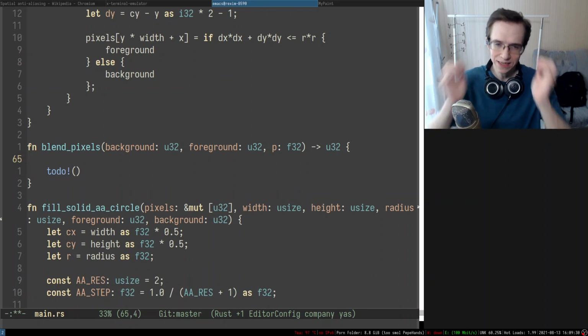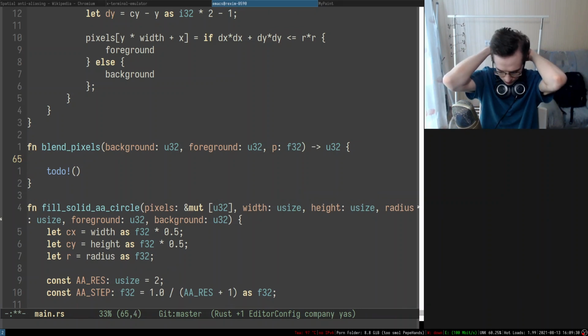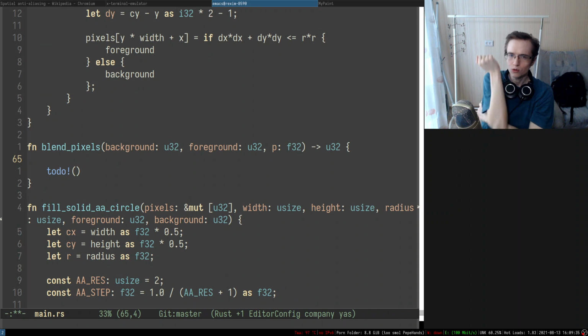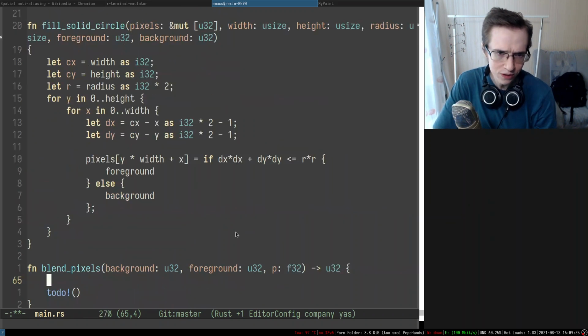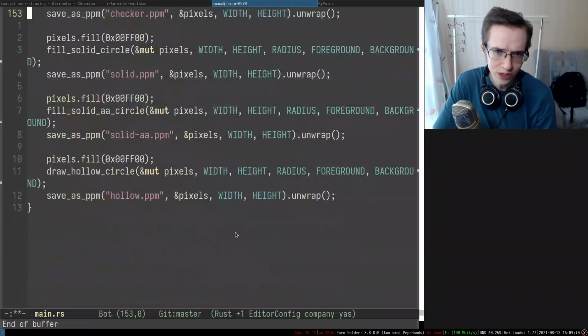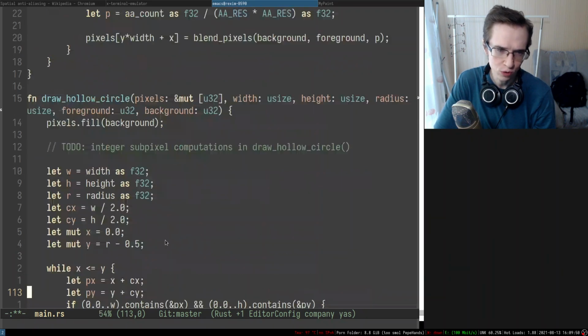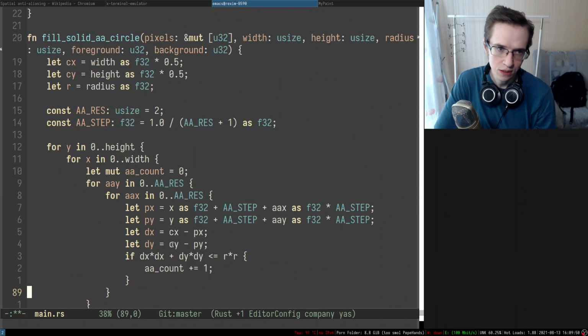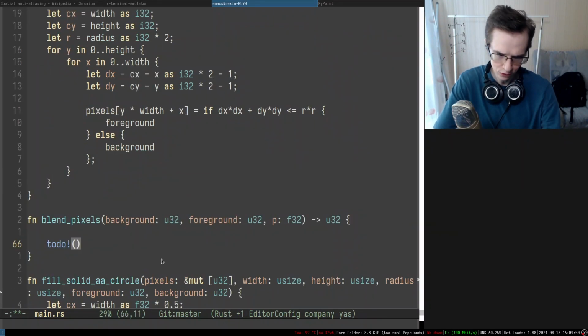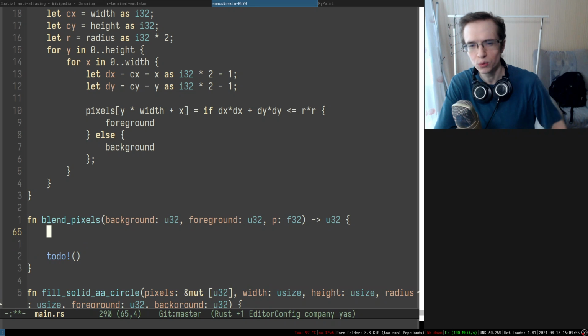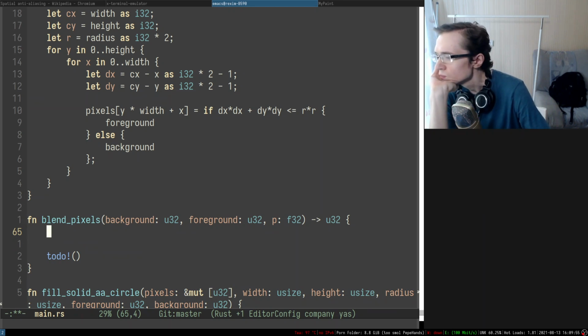So how are we going to be blending these two things together? The color is 32 bits, but as far as I know, we're simply ignoring the alpha, and the question is, where is the red, where is the green? Okay, so this is the red, this is green, and this is blue, and we just ignore the extra byte in there. So one of the things we probably want to do is extract the reds.